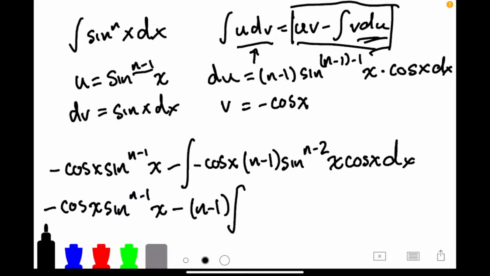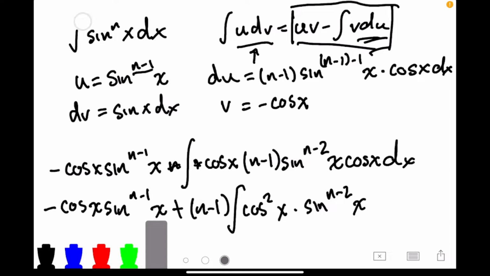They combine the cosine x's, and they take out the negative sign, which cancels out with this one, leaving cosine squared x multiplied by sine to the n minus 2 of x. And what they do here, which is really tricky for some reason, is use the Pythagorean identity on this cosine squared x. So I'm going to get some of the stuff up here.